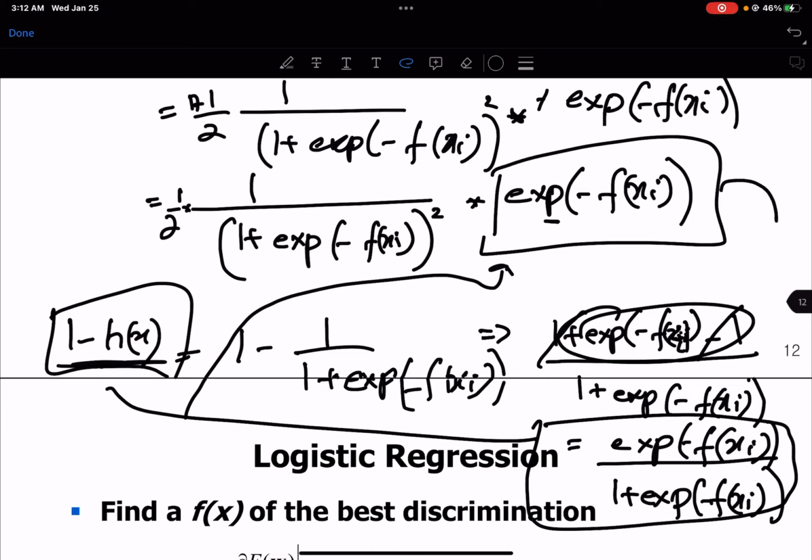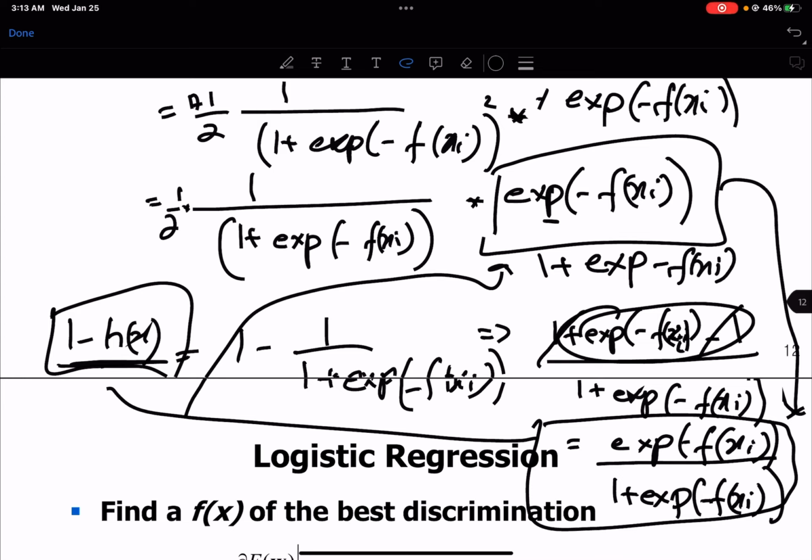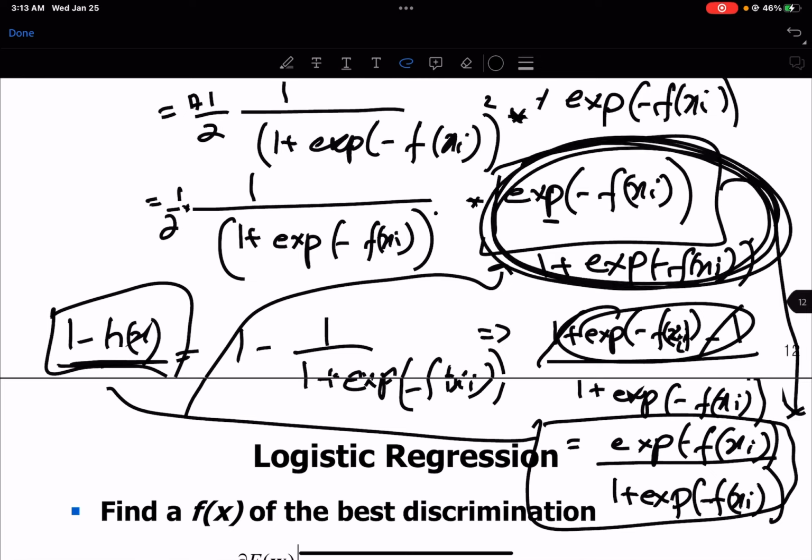This function can be converted to this format by removing this term from here. We had the squared value, so we remove it from here, and if we place it over here, one term here, then this and these are same.